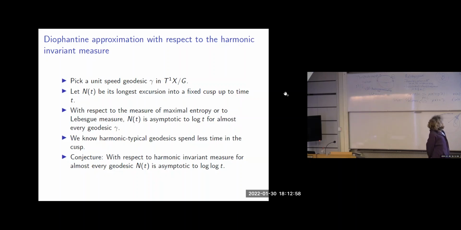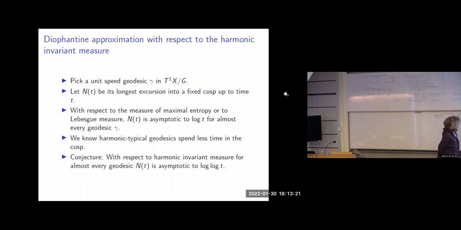Something we do know is that with respect to the harmonic measure, which is singular with respect to all these measures, typical geodesics spend less time in the cusp than with respect to these more familiar measures.